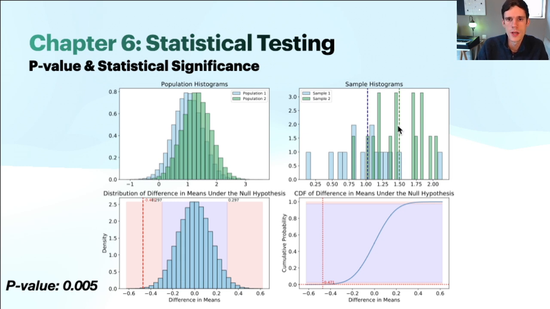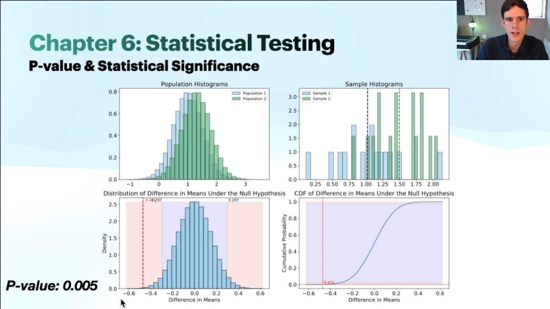However, we know now that if we take the difference of these means as a value and we plot it onto the histogram representing the distribution under the null hypothesis, meaning that there is no difference between these two populations, then we can make some conclusive statements. In this case, for instance, the difference between these two sample means is indeed an extreme value on this histogram, which can also be seen in the cumulative distribution function.